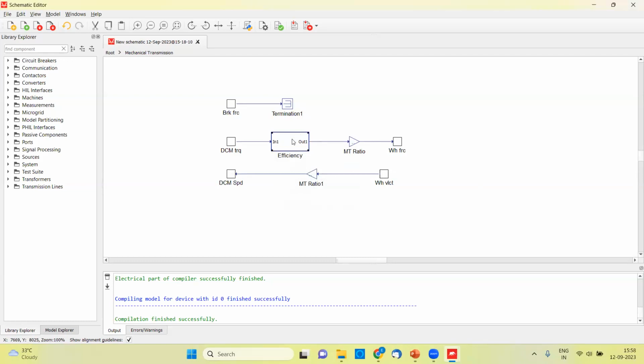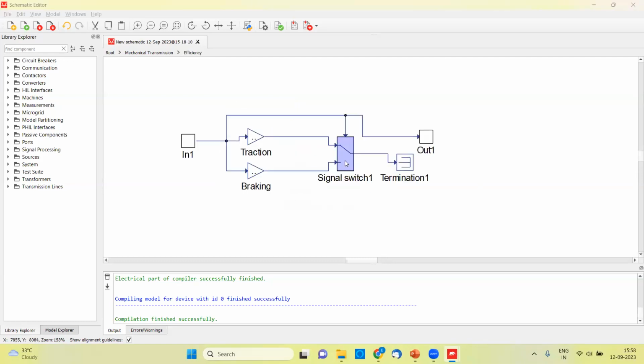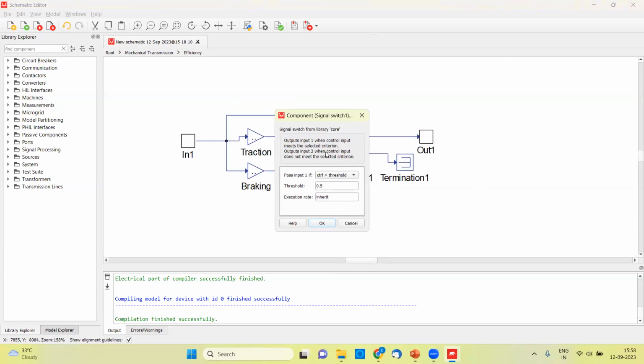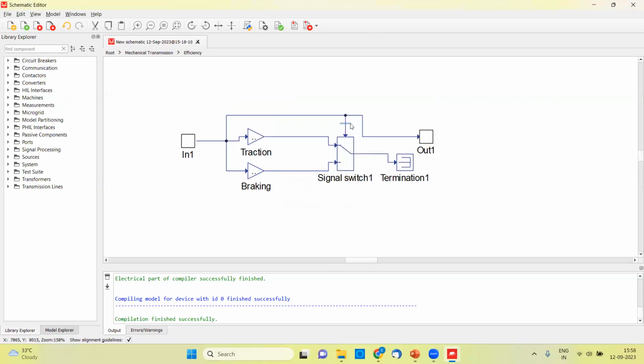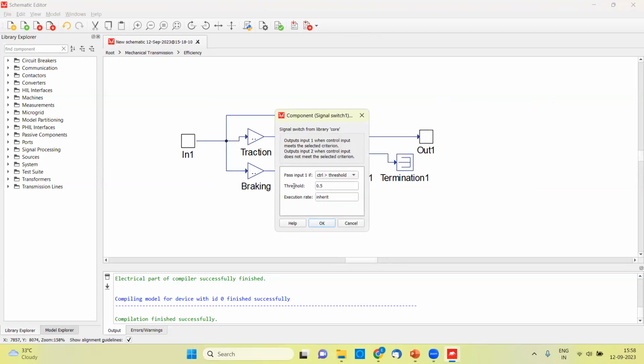Now if I talk about the signal switch over here, basically this switch is having these three options. As you can see, it is saying pass input 1 if my control command, the top part, is this. So this is the control signal. Then there will be some threshold value. We are going to compare the control value with the threshold value, and we can compare it in 3-4 situations.